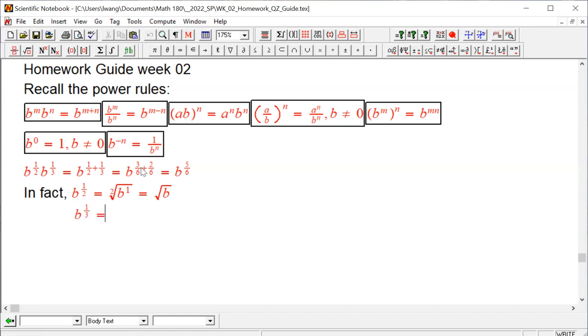Okay, it is similar, right? And the 3 will go through the root part, and b to the power of 1. So in this case, it's the cubic root of b.